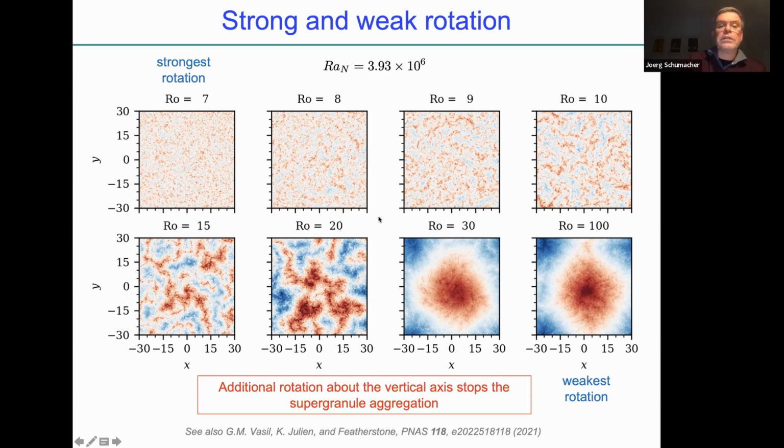And we didn't go that far to very low Rossby numbers, that means to very strongly rotating systems, because we know that, for instance, the sun is actually a rather weakly rotating star. But what you can see is that this big structure is basically decomposed into substructures, which are still significantly larger than the height of the layer.